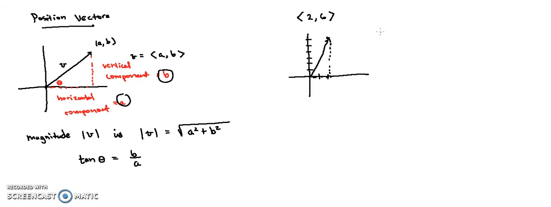Okay, magnitude and theta. All right, do we have a name for this? This is u. Okay, so we've got u this time. So we want to know the magnitude of u, and we want to know theta. All right, so we see that our a component is 2, our b component is 6, or our horizontal and vertical. So the magnitude of u comes from the Pythagorean theorem.